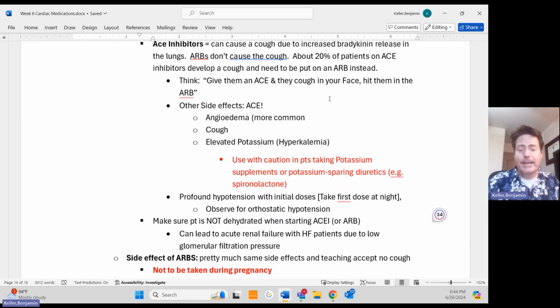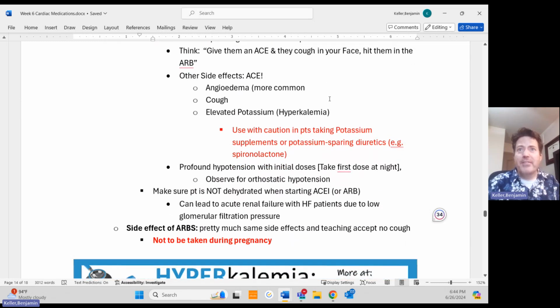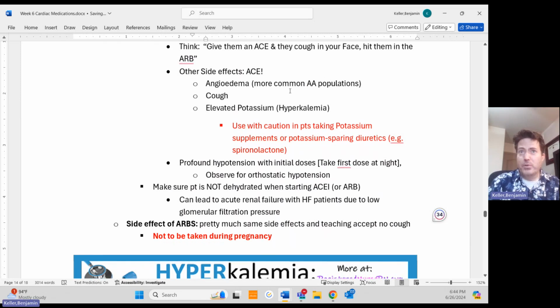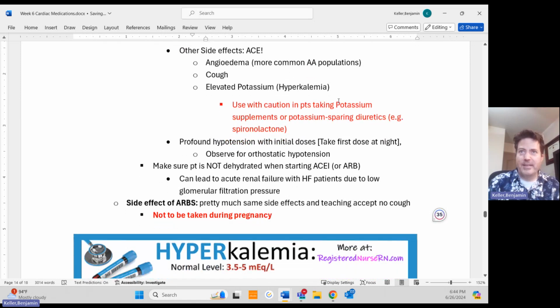If they cough, you want to give them an ARB because there's no cough with the ARB. The other side effects you can think of as ACE, ACE: angioedema, which is more common in African American populations. Cough due to the excess bradykinin release, and then an elevated potassium, hyperkalemia.